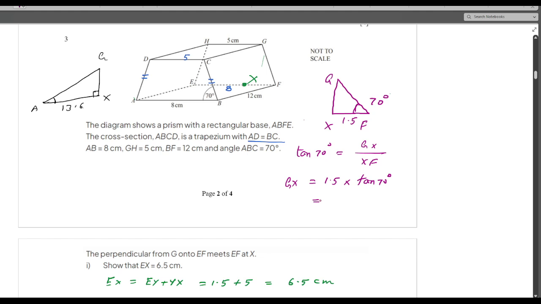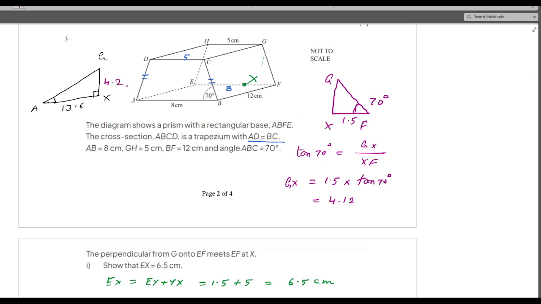Okay, so 1.5 times tan of 70 degree will give you the answer 4.121. So it is 4.12, right? So this GX is 4.12.